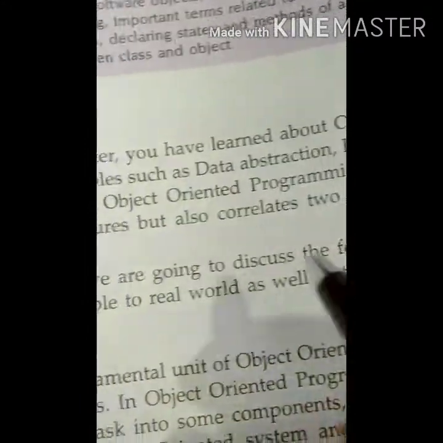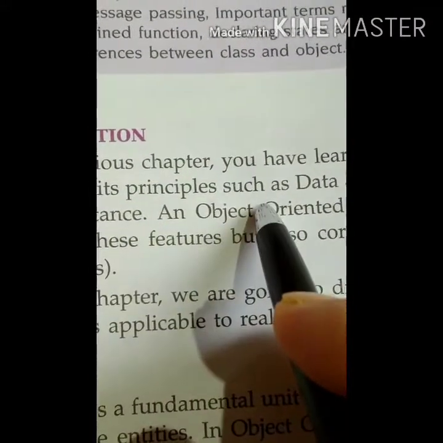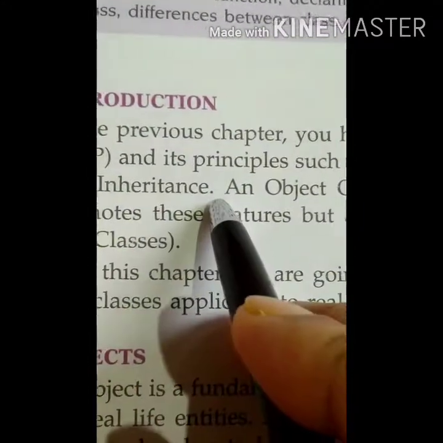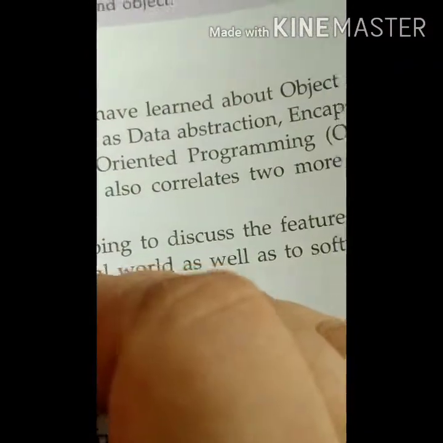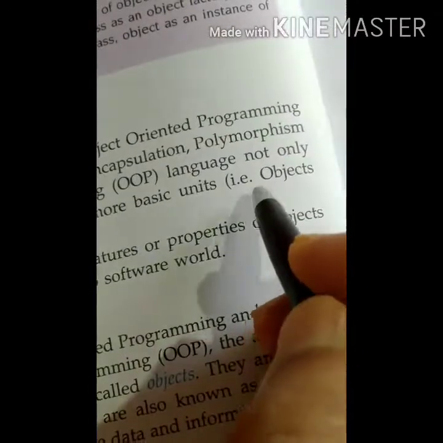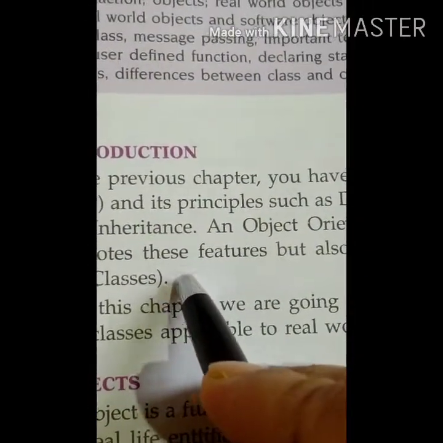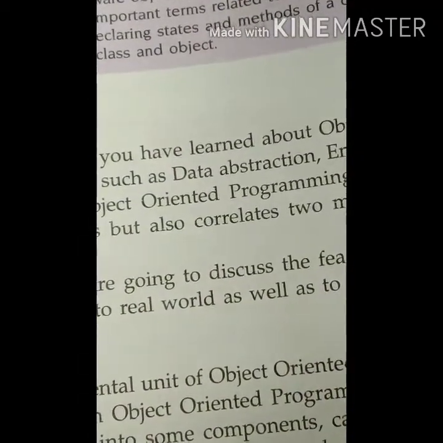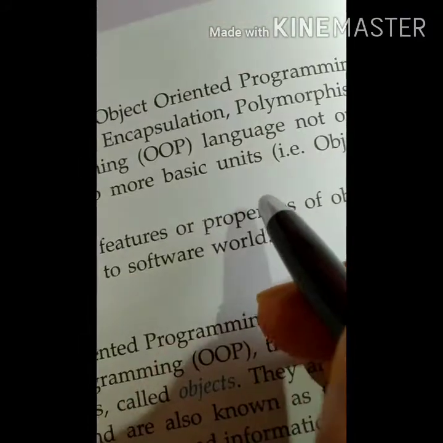you have learnt about object oriented programming and its principles, data abstraction, encapsulation, polymorphism and inheritance in the previous chapters. Now object oriented programming language not only promotes these features but also correlates to more basic units.